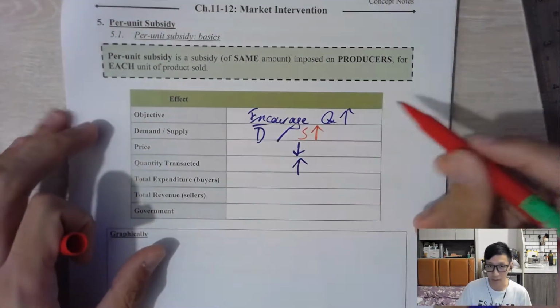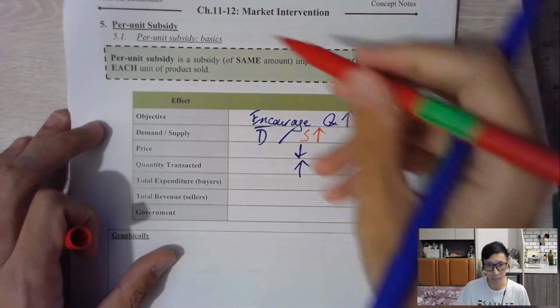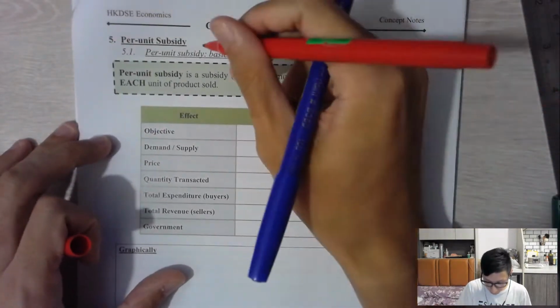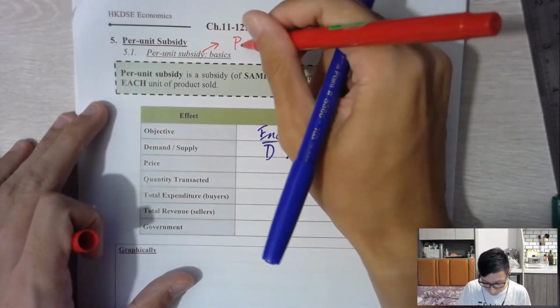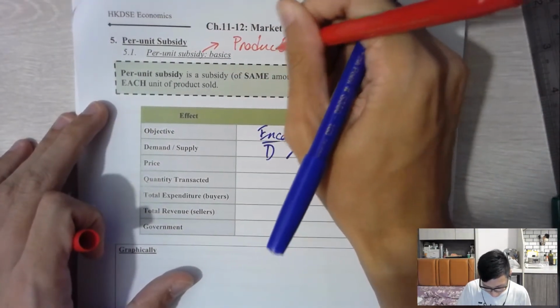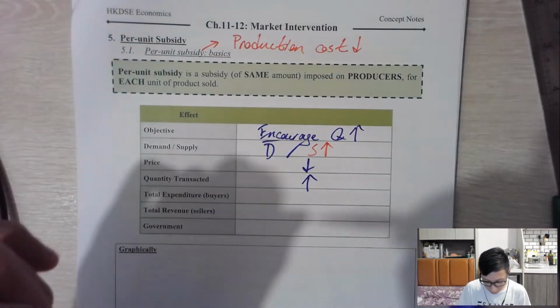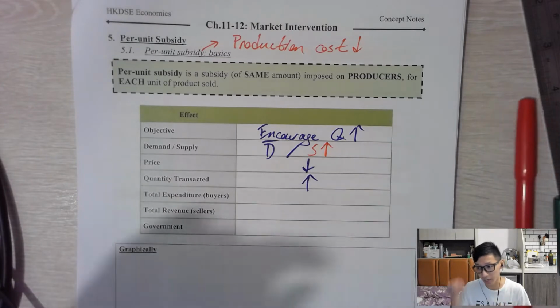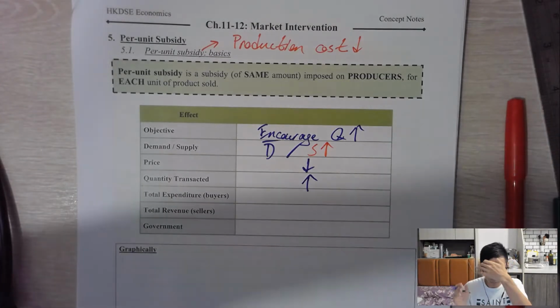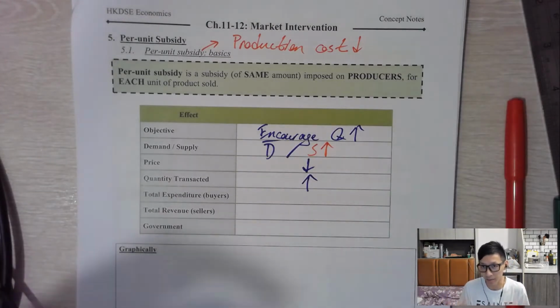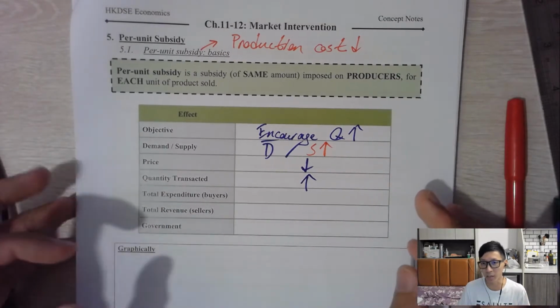Think of it like this: a subsidy basically decreases the production cost. You can think of it that way first. When we are in chapter 13, it's not exactly the case, but we can think of it as if the production cost has decreased.